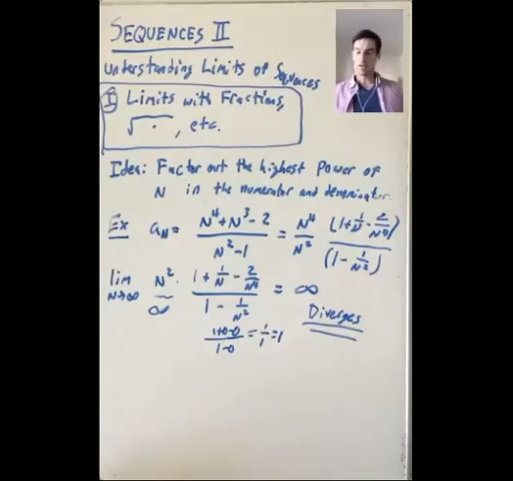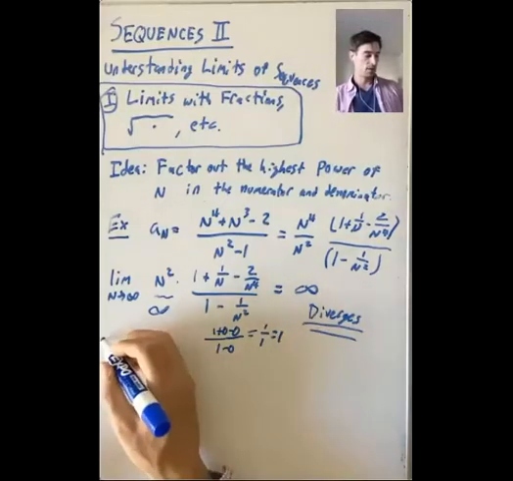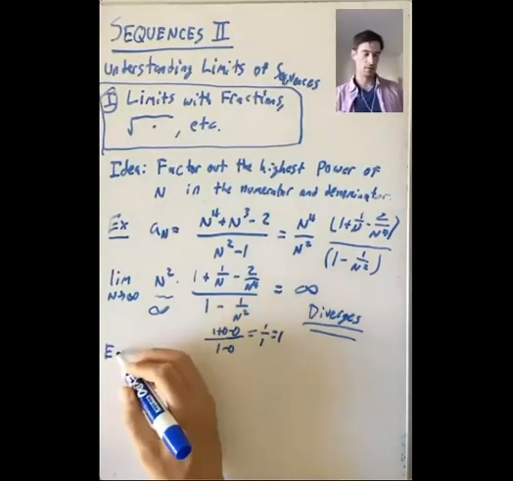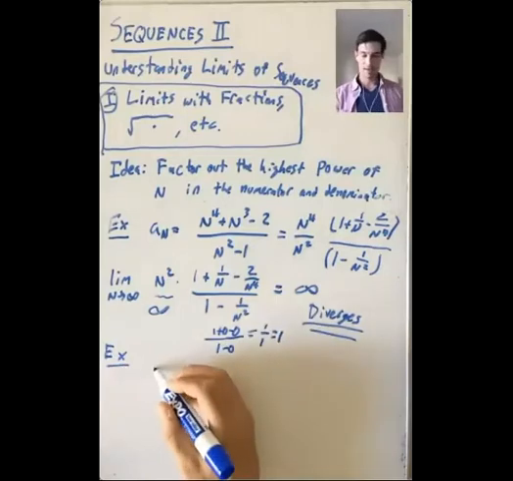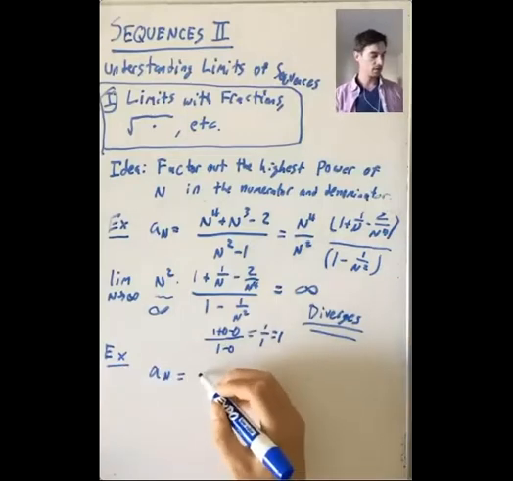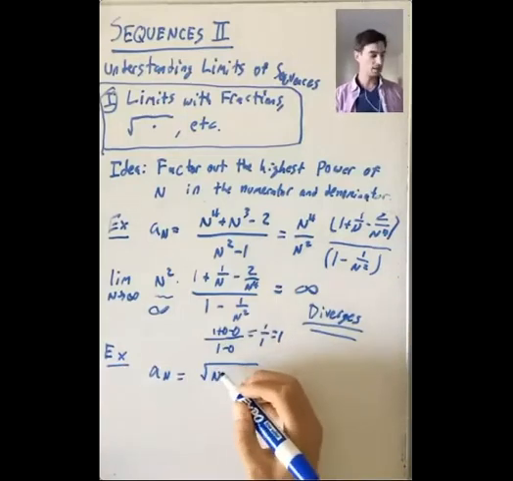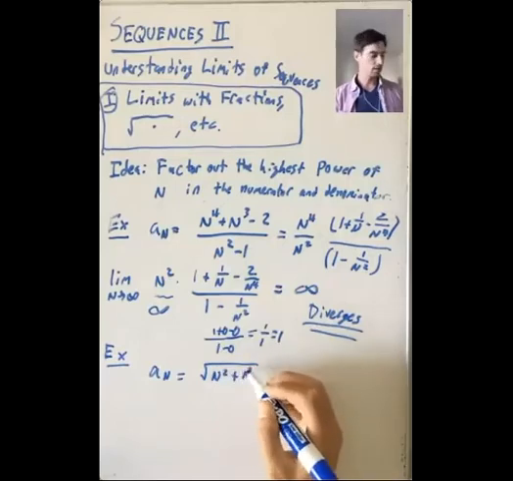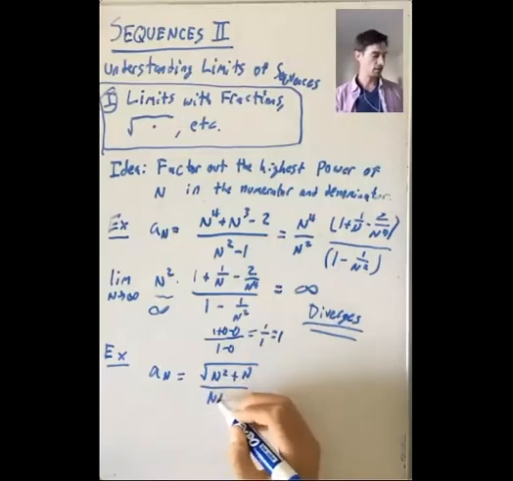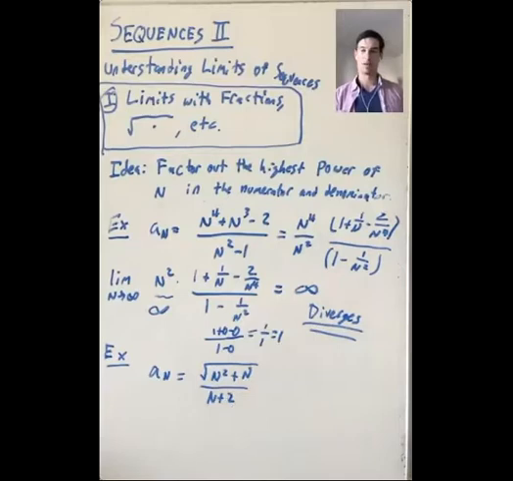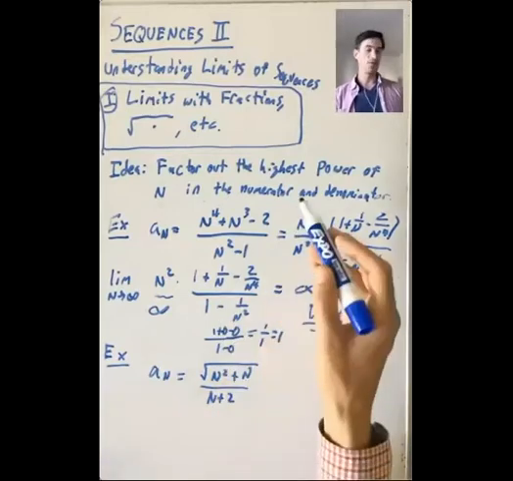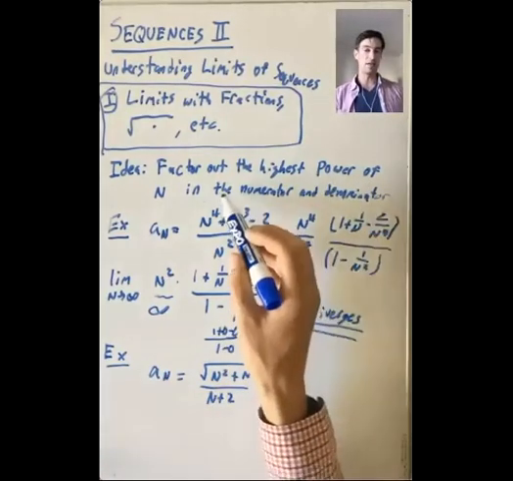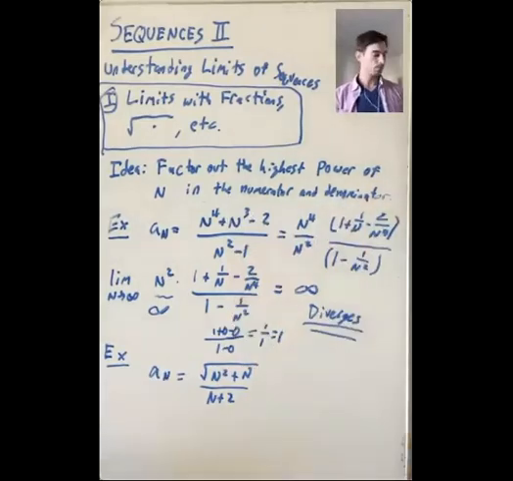Let's do another example. Let's look at one with a square root. Let's say a_n equals the square root of (n^2 + n) over (n + 2). So let's do the same idea. Let's factor out the highest power of n in the numerator and the denominator.